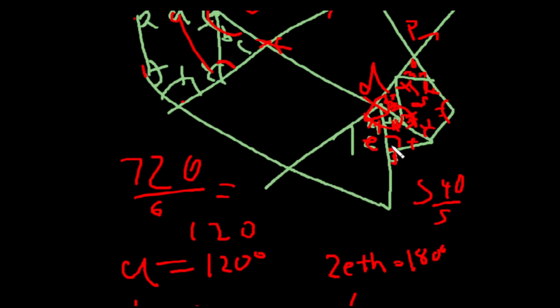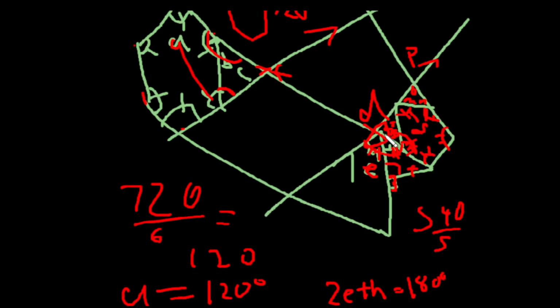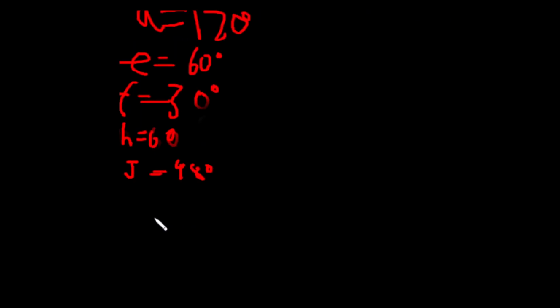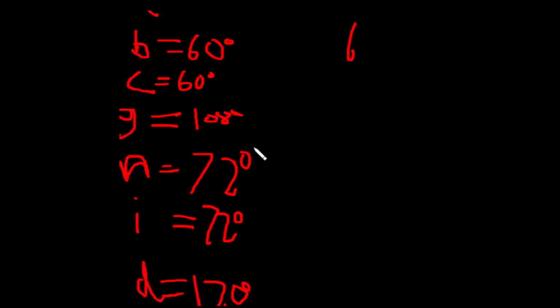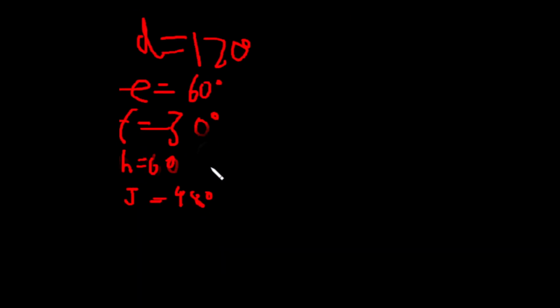And so now we scroll back up. M right here: J plus G plus M equals 180. So that's 48 plus 108, so that means M is 24.